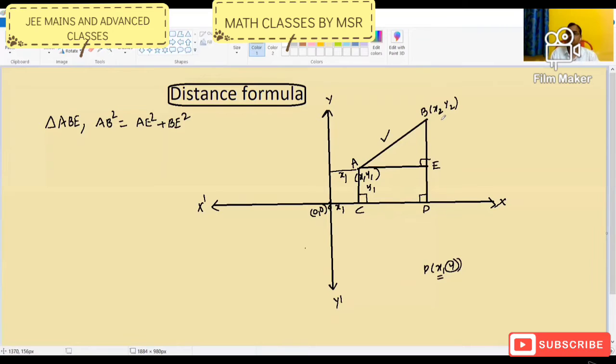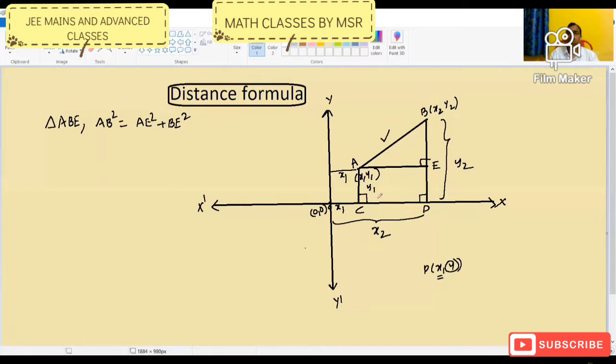Similarly, this is y2, and suppose this is O, OD is x2. So the distance of the point B from the y-axis is its x coordinate, and the distance of the point B from the x-axis is its y coordinate.